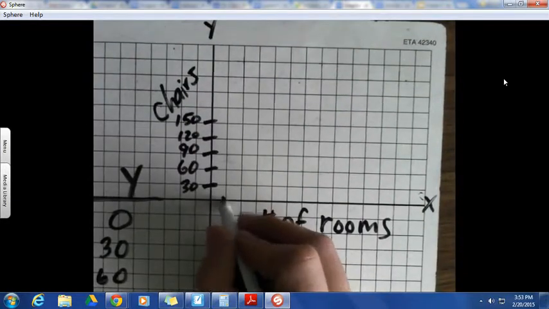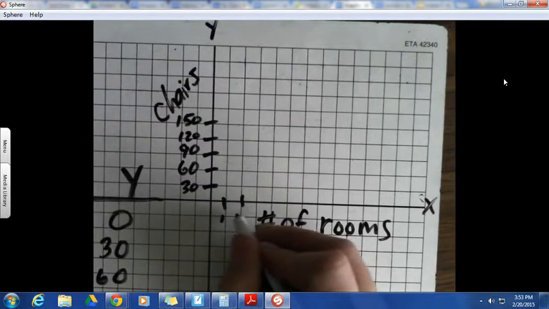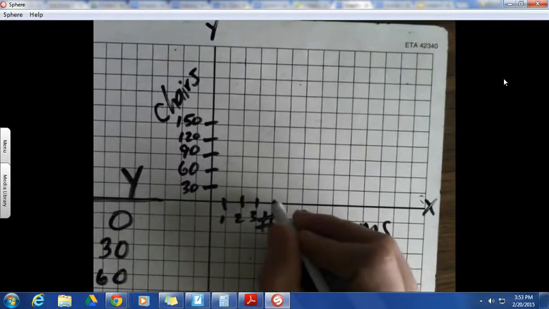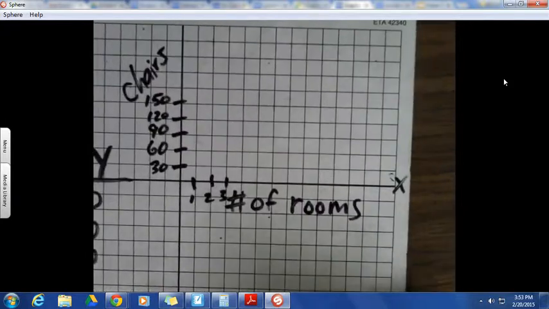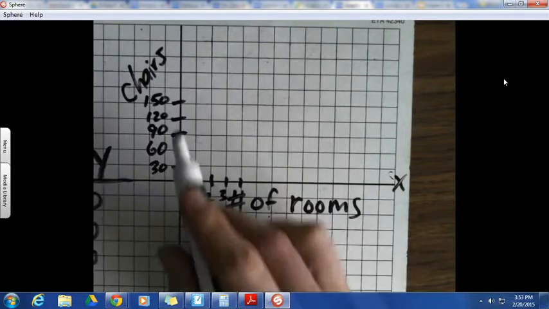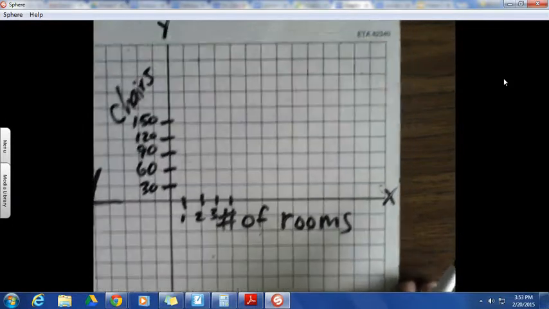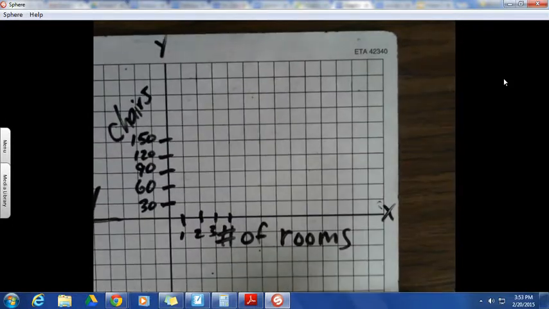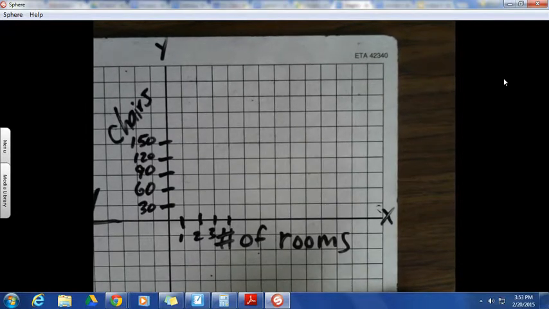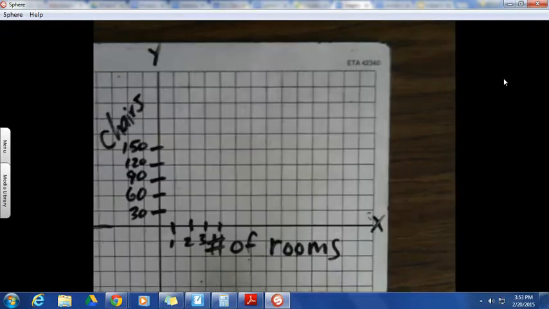And we'll go in increments of 1 down here. 1, 2, 3, so on and so forth. So again, pick whatever scale makes sense for what unit rate you have. So that's what you want to label your graph as. So now we have our graph set up.